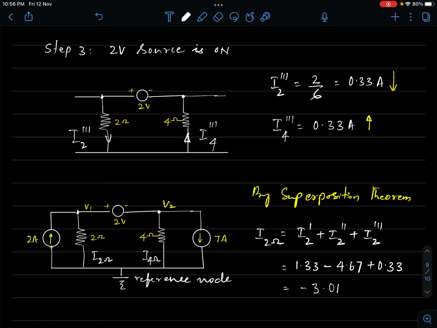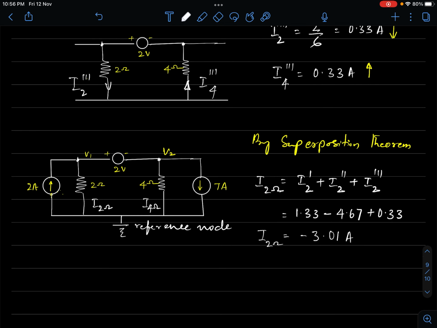This is 3.01. Or if I have the decimal properly adjusted, I could have got it to be 3 itself. Minus 3 amperes. This is my I through 2 ohms. Now what is V1 now? So V1 is 2 times the current through it, that is I through 2 ohms. So this is equal to 2 into 3.01, that is minus 6 volt.